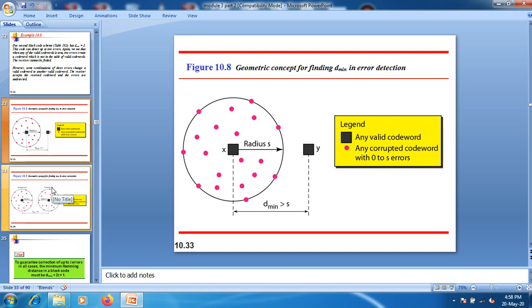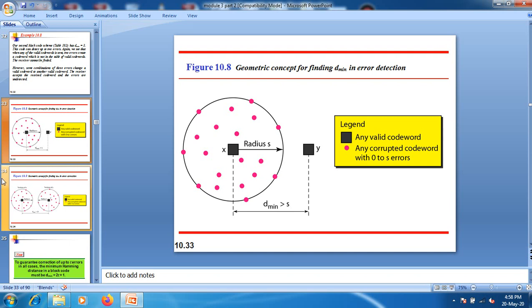Consider I am transmitting 1 bit of information, that is a 0 or 1. The 0 is converted to the code word 000, that is I am appending 2 extra bits here, and when I transmit the information 1, it is converted to code word 111. Suppose a 2-bit error occurs.